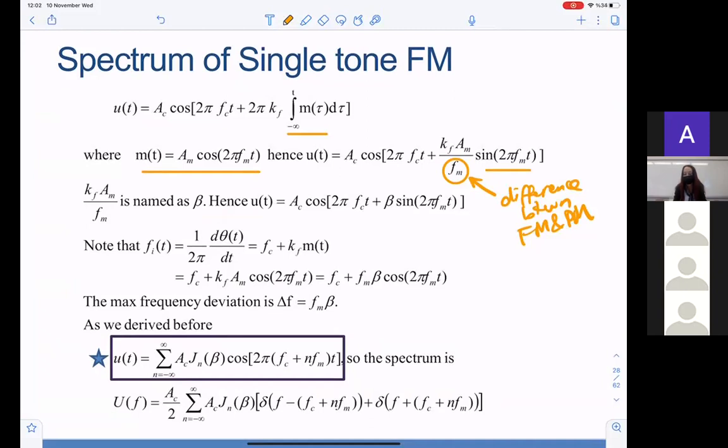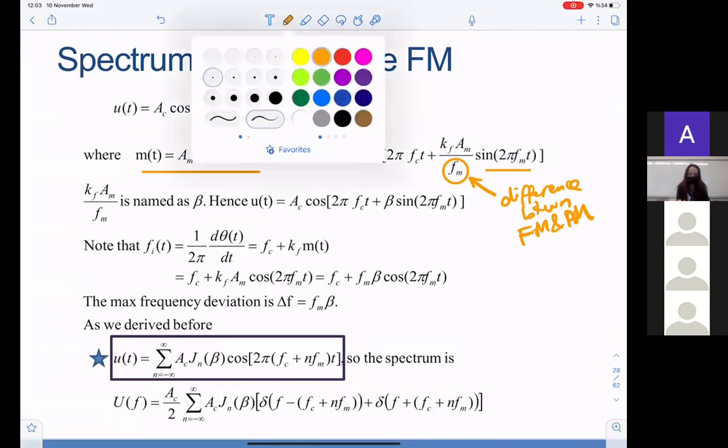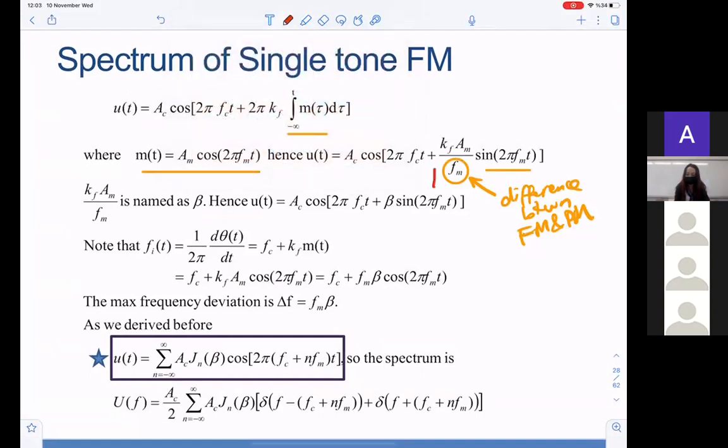The bandwidth expansion of FM is sort of limited because of this division by FM. And we will see later today that the bandwidth expansion in FM is additive, whereas bandwidth expansion in PM is multiplicative.